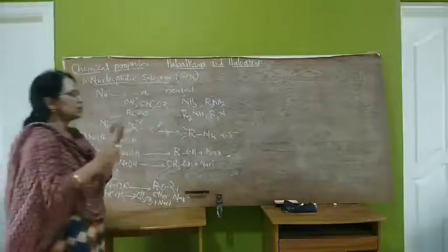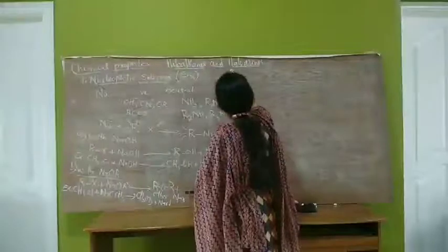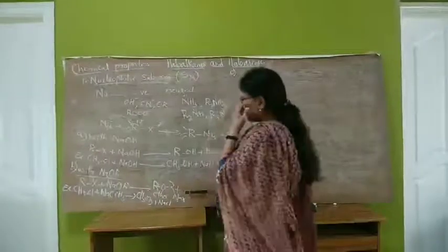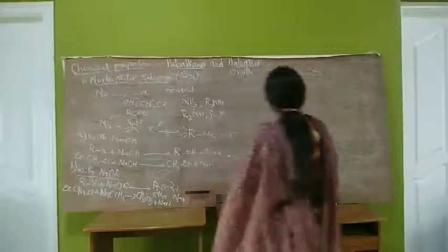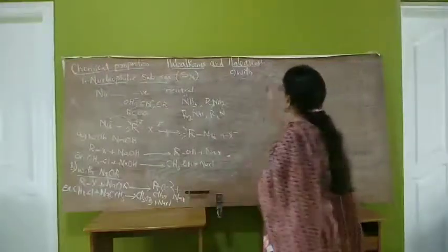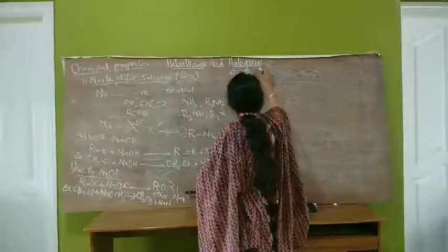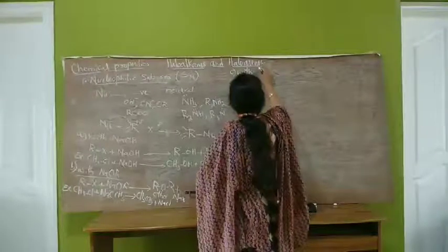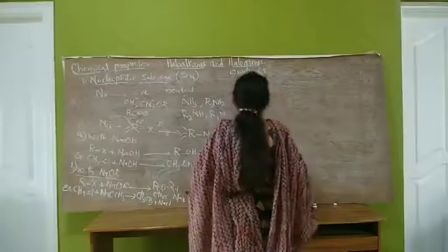Next, the third nucleophilic substitution reaction is with the silver salt of carboxylic acid, that is RCOOAg.